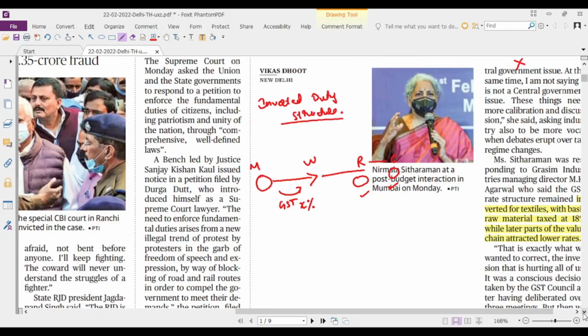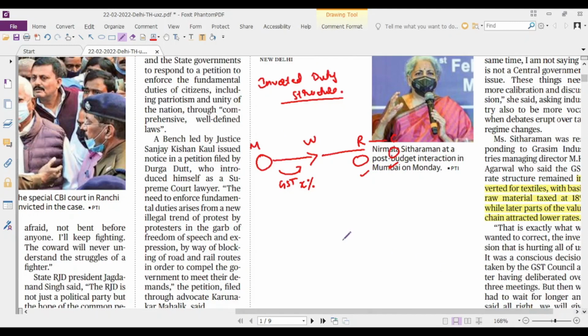But sometimes it might happen that the GST on the inputs is more than the GST on the final output. At that time, the government would have to refund the person because they have collected more GST. This is called inverted duty structure.